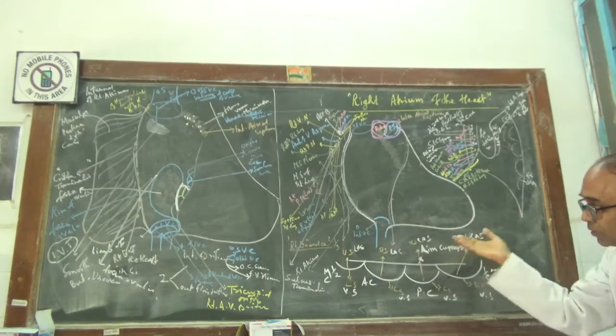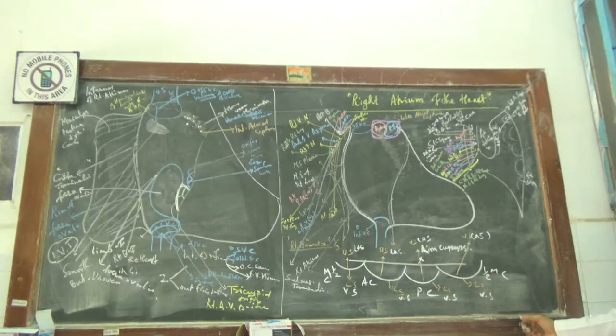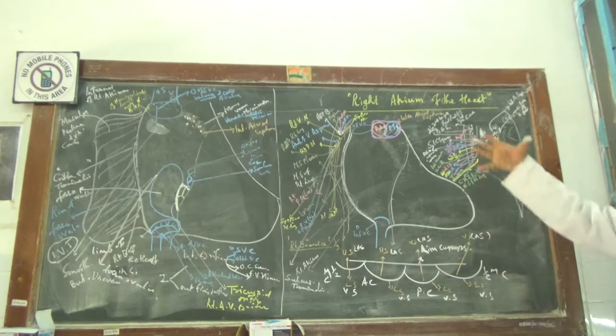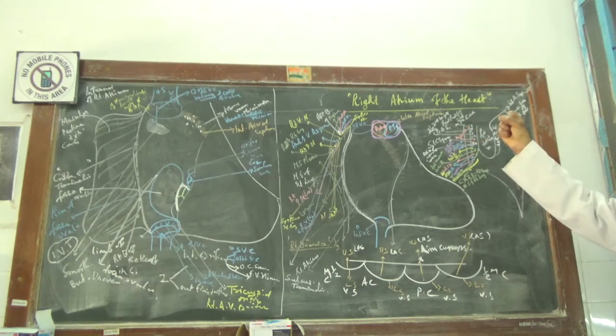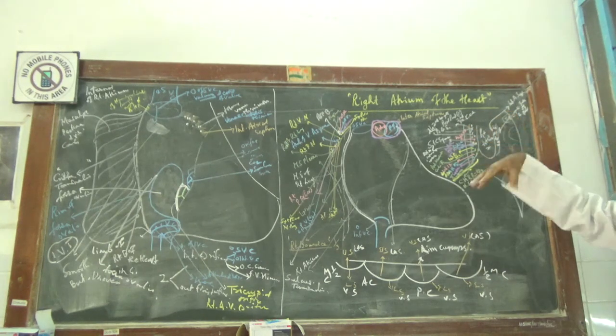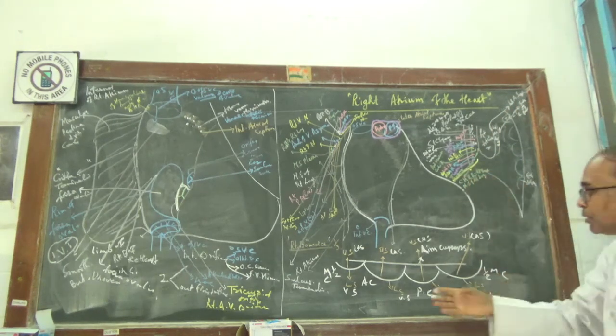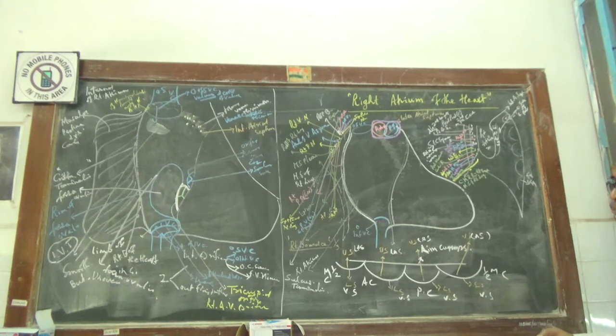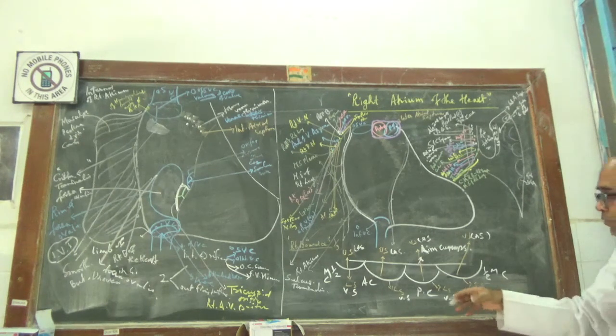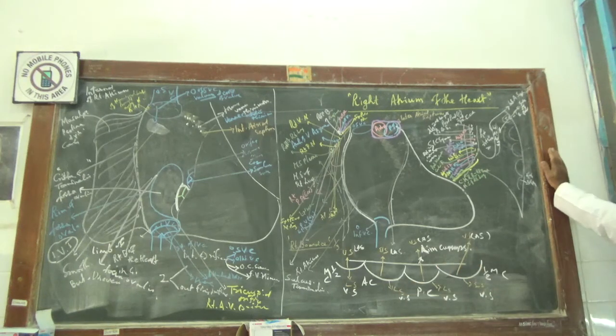Now, the atrial surface of all three cusps, at the time of atrial contraction, when the blood is flowing into that chamber, is concave, because there will be a ventricular diastole.